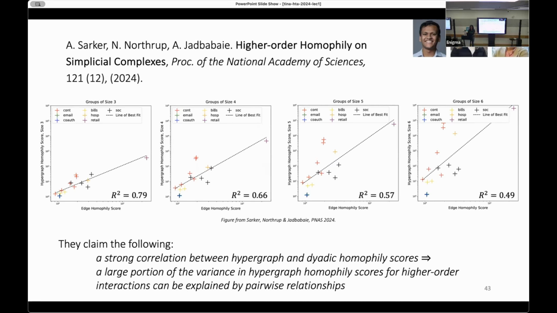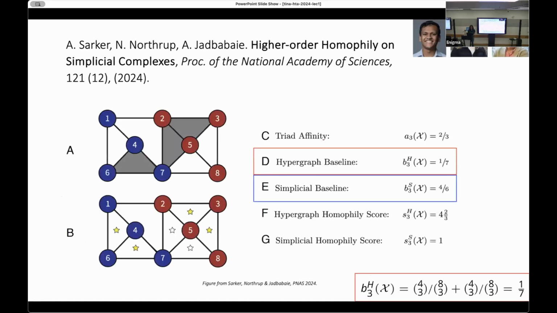And what they're saying is that the hypergraph homophily that Veldt, Austin, and Kleinberg proposed isn't doing the right job, is not measuring homophily in a higher order way because it's highly correlated with if I just had a graph. And so what they came up with was just changing the baseline, right?